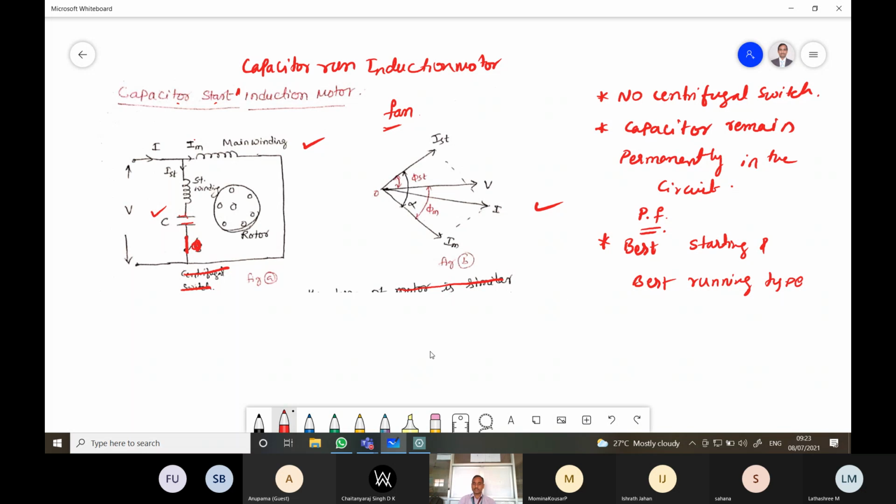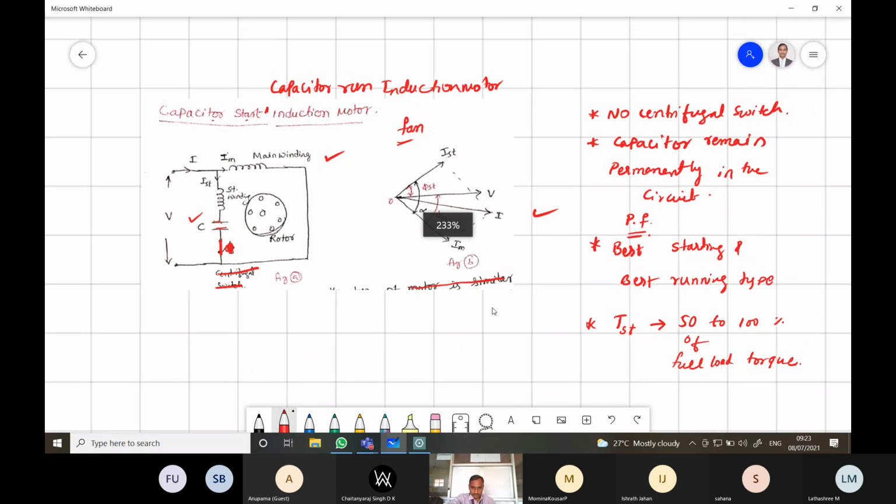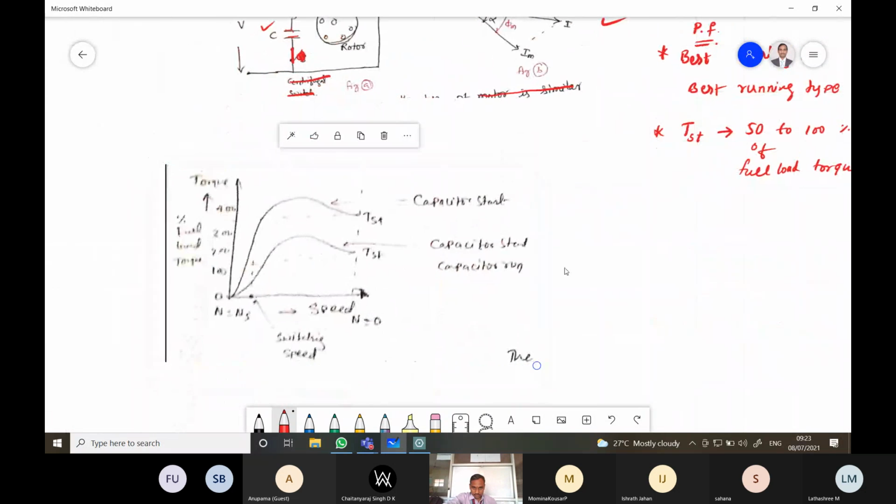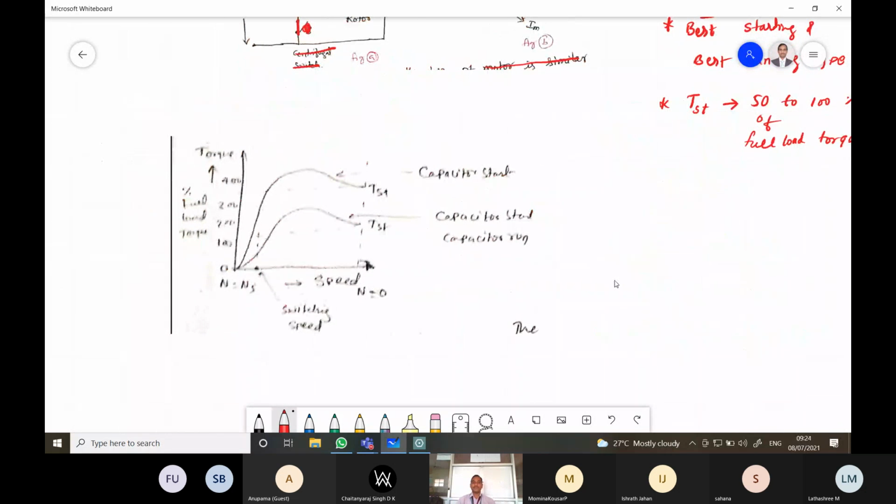So hence the starting torque Tst available in such a motor is 50 to 100% of full load torque. And coming to the torque speed characteristics, this is the torque speed characteristic.